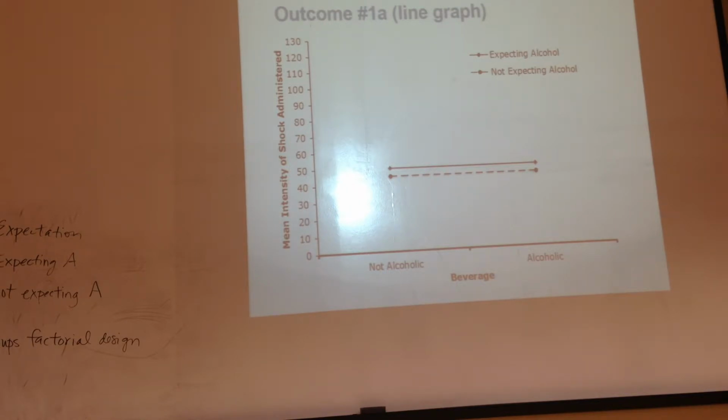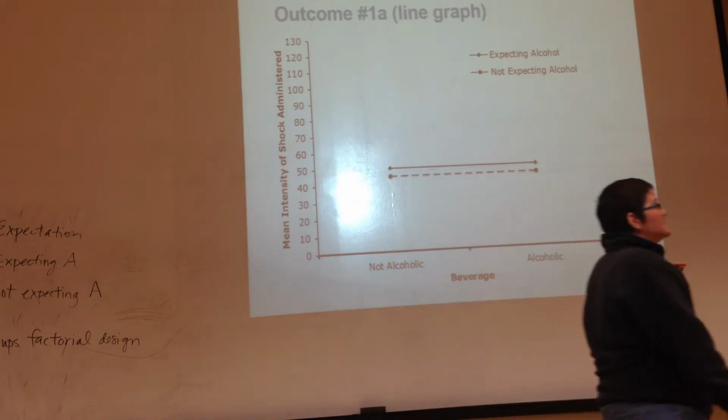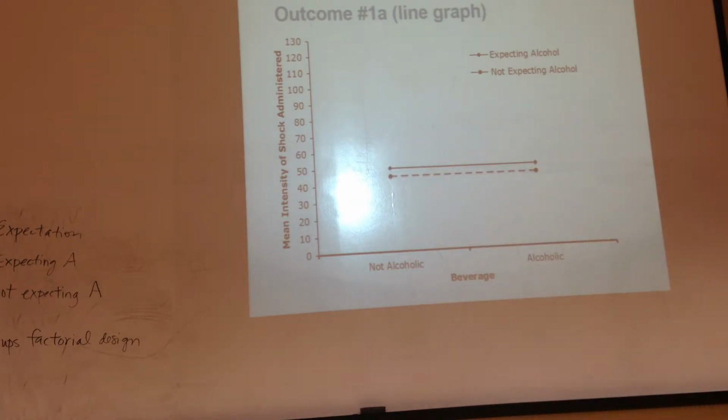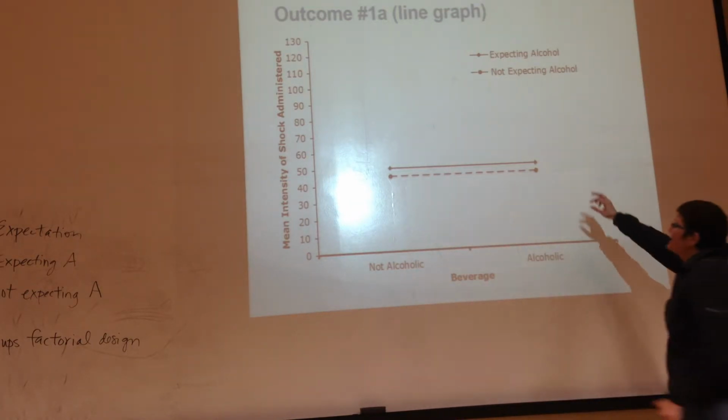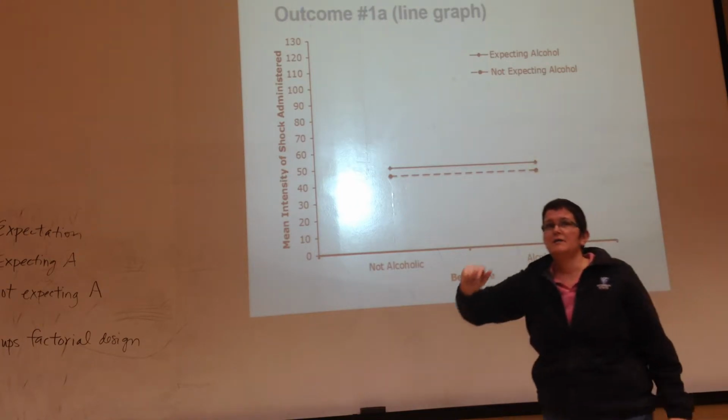The chance of us having a main effect of expectation here is extremely small. I would say that it's unlikely that there is any kind of main effect of expectation. It does not matter whether people thought they were going to get alcohol or not get alcohol. They pretty much behaved exactly the same way because those lines are super close together.